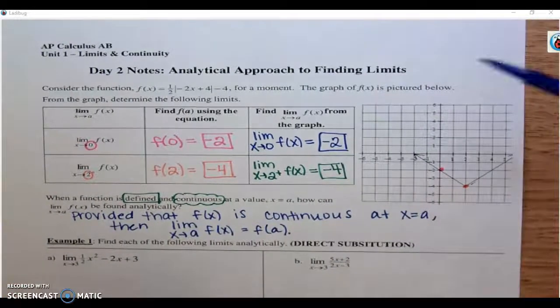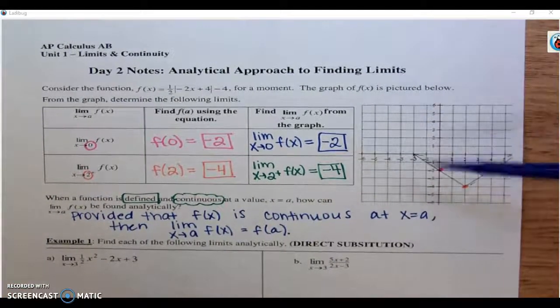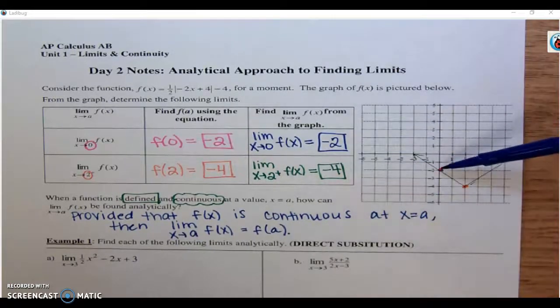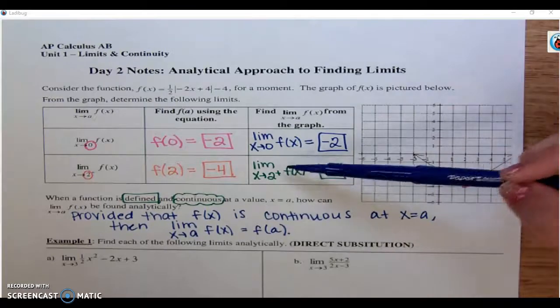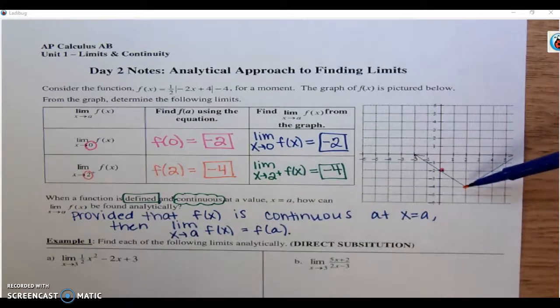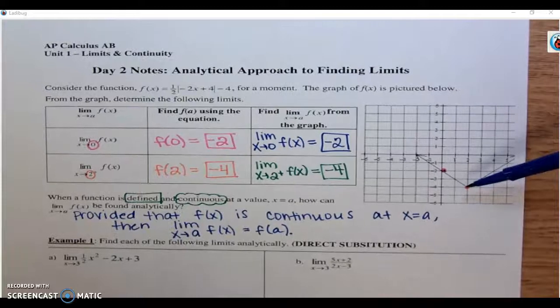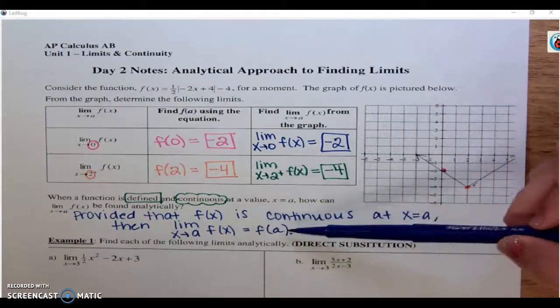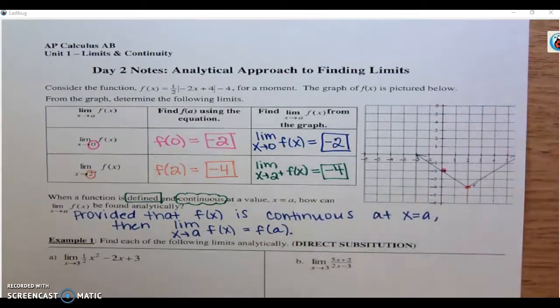These two examples up here showed us that. The limit as x approached 0 was -2 because it was continuous there, and that was the y value. The limit as x approaches 2 was -4 because the graph was continuous, and that was the y value there. So as long as the graph is continuous at x equals a, at the x value that you're looking at, then the limit is going to be the same thing as where it's defined. So that's going to help us with our algebraic part.